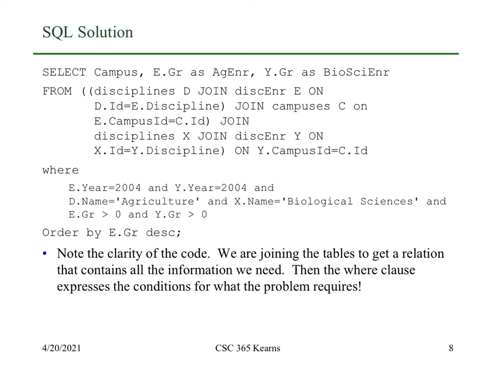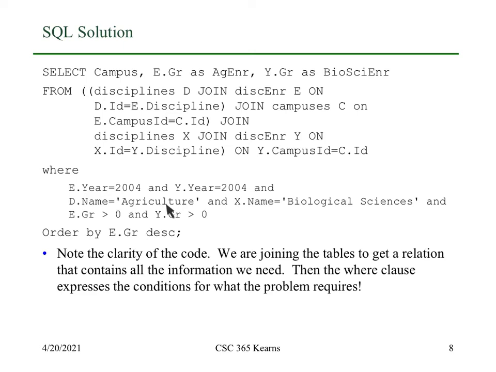This is very nice in terms of conceptualizing what's going on. We're doing all the table joining up in the from clause and getting the resulting table that we need. And then in the where clause, we're doing all the filtering, and we filter on year in both copies of the enrollment table.